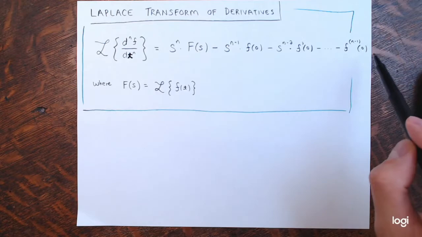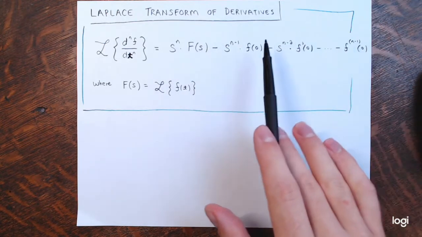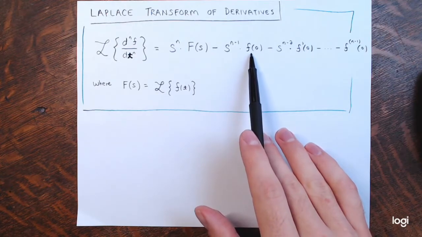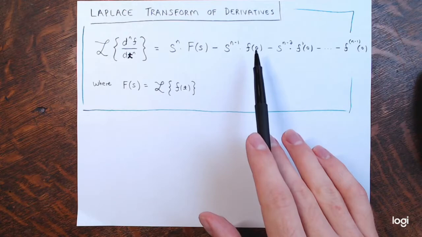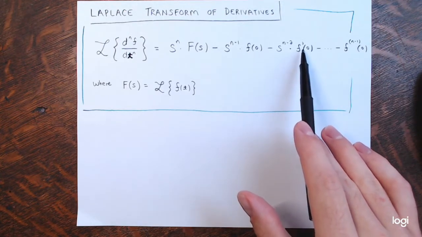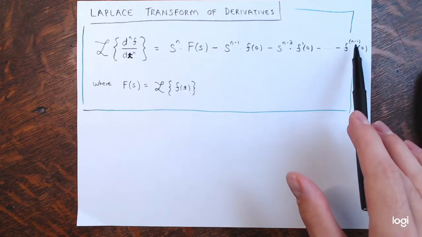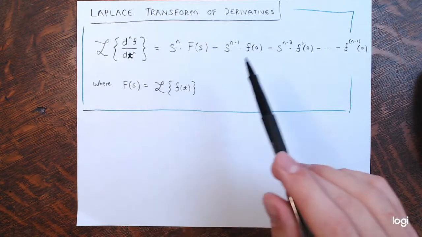Then a bunch of subtraction where in each term the power of s decreases, and then you have f of 0, the function little f evaluated at 0, then it keeps going up in derivatives, f prime of 0, all the way up to the n minus first derivative evaluated at 0. You don't get to the actual nth derivative.